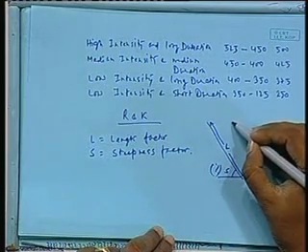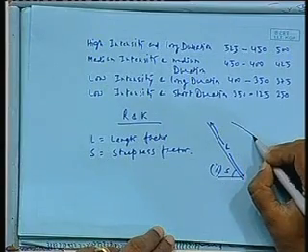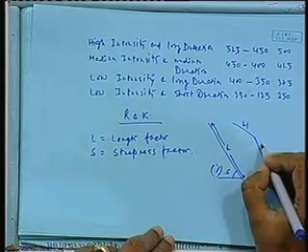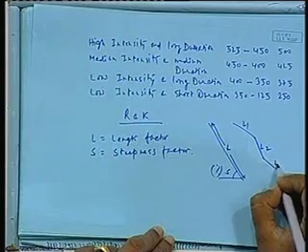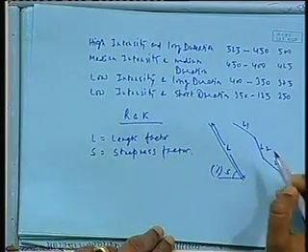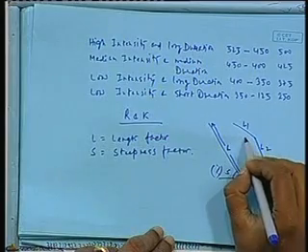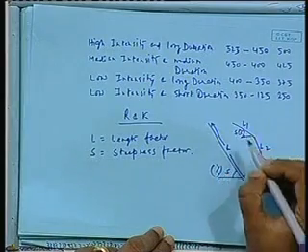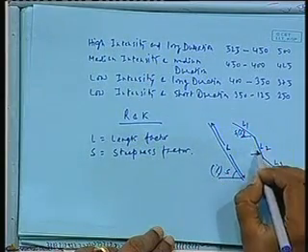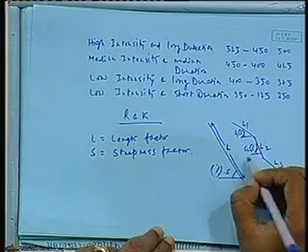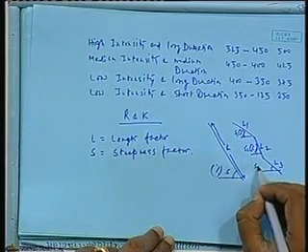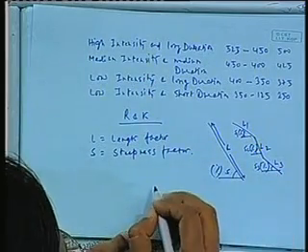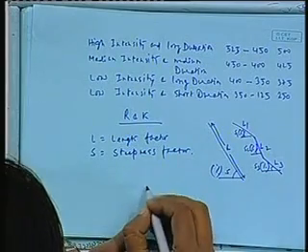In situations where the slopes are in subplots like this, where this is L1, L2, L3, and each of them has a different percent slope, S1, S2, S3, we have to find the combined LS for the slope.